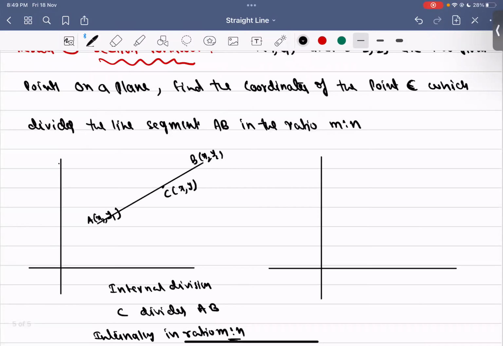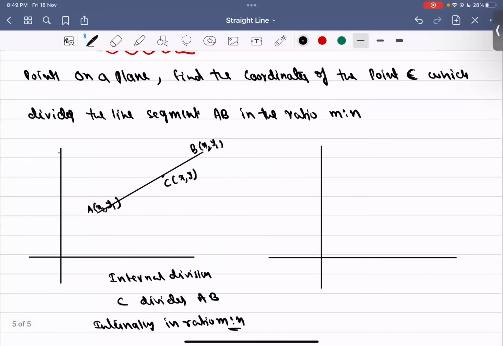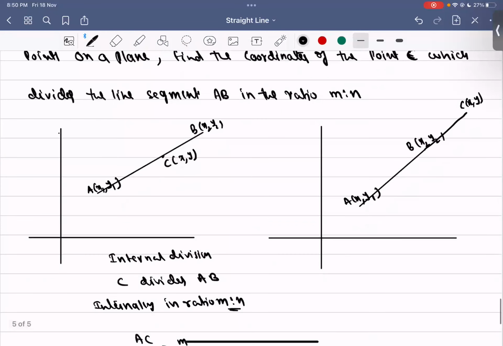Similarly, suppose this is A (x1, y1) and this one is B (x2, y2). This is the line joining AB. Now suppose C is somewhere over here, (x, y). In this case we call the division external division.